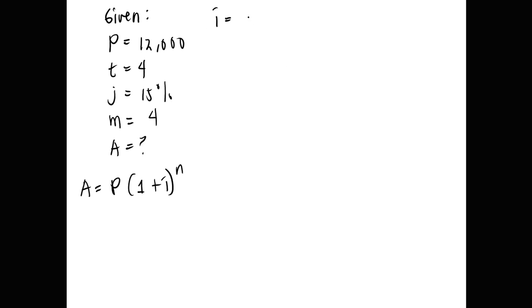We have J divided by M, or the nominal interest rate divided by the number of conversion per year. So, don't forget to convert our interest rate into decimal before nyo po siya isama sa solving. Okay? So, since it is 15%, then it should be 0.15.